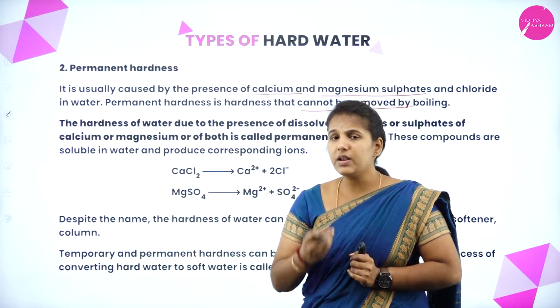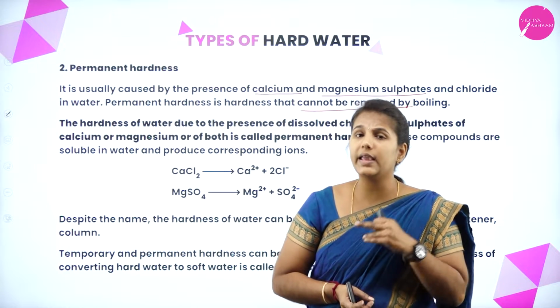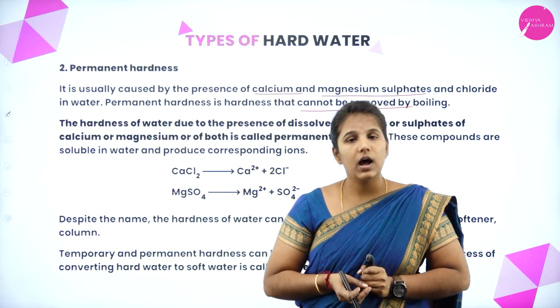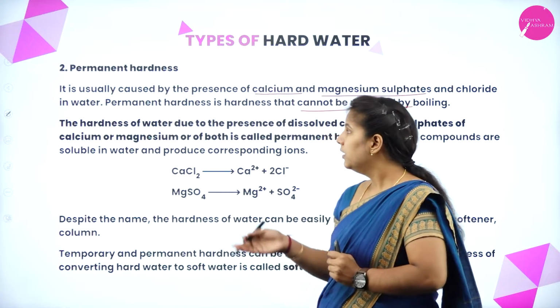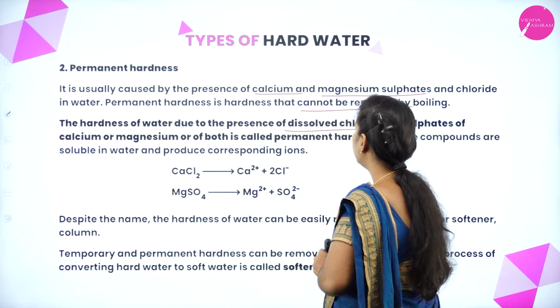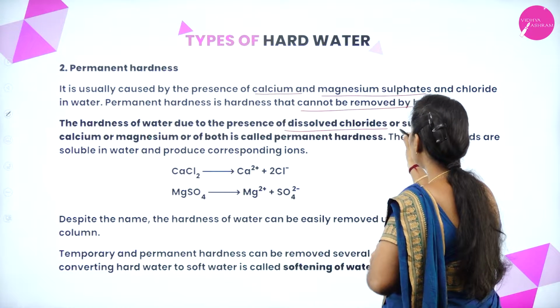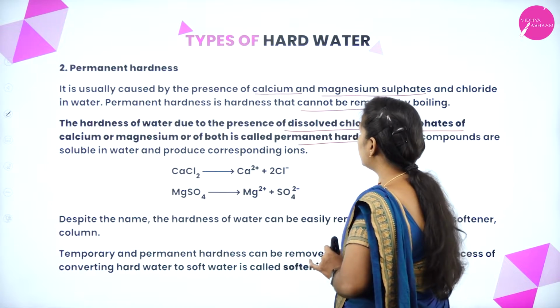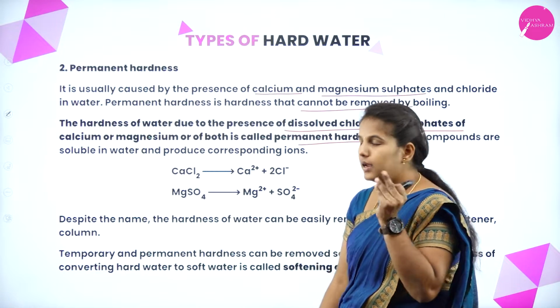Whereas temporary hardness of water we can remove by boiling. Okay. Then the hardness of water due to the presence of dissolved chlorides and sulfates of calcium and magnesium, or both, such waters are known as permanent hard water.